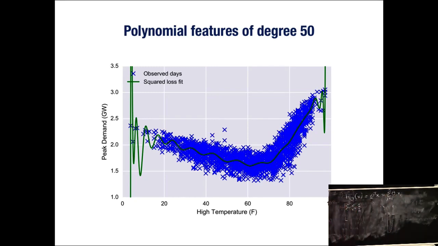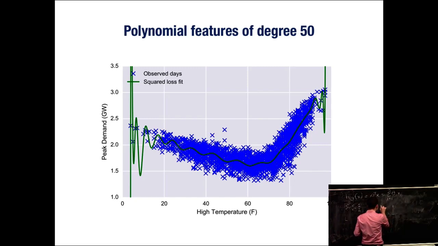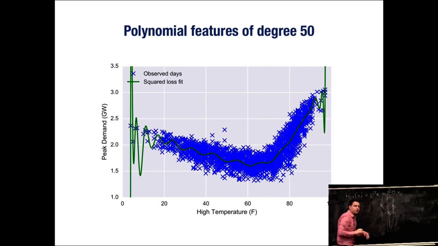I drew this horribly, of course. It hits it exactly. So the function goes through, hits this point, comes down, hits that point, goes up, hits that point. In other words, at these points, this function has 0 squared loss error. The loss is 0 at those points over there. It's not 0 here, and it actually can't be 0 completely ever, because we happen to know in this case that there are some repeated high temperatures.